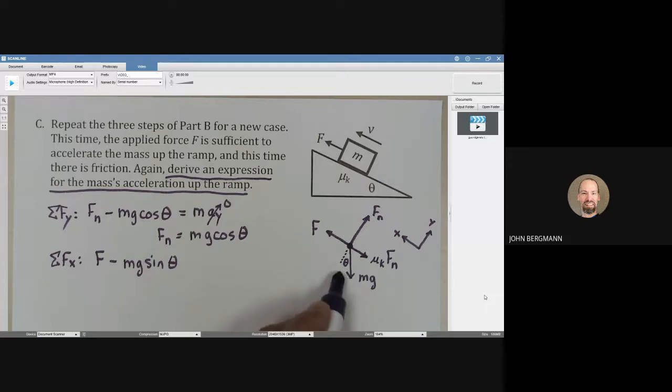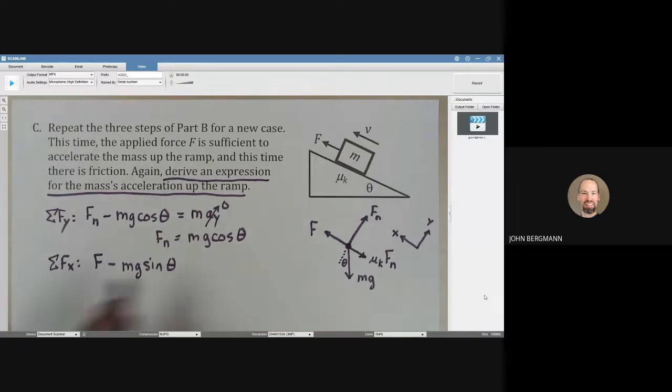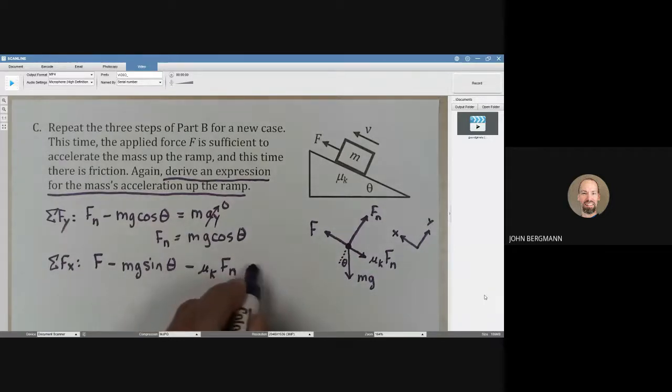That's mg sine theta, that little guy right there, and he points in the negative x direction, according to my coordinate system. Similarly, what also points in the negative x direction is mu sub k times the normal force. That is the sum of the forces in the x direction, and that should be equal to the mass of the object times the acceleration in the x direction.